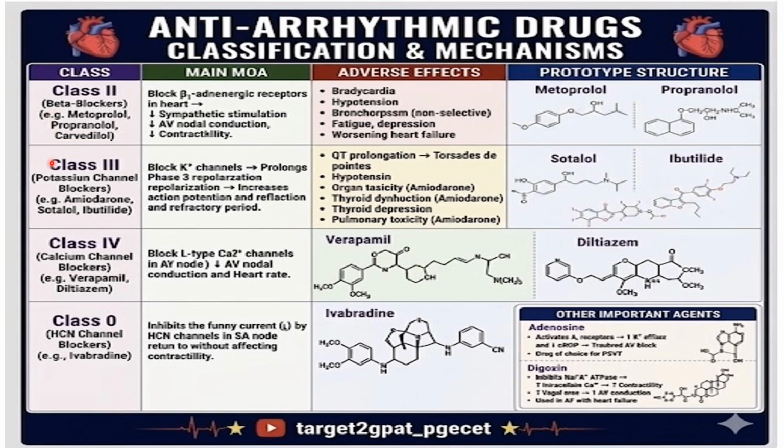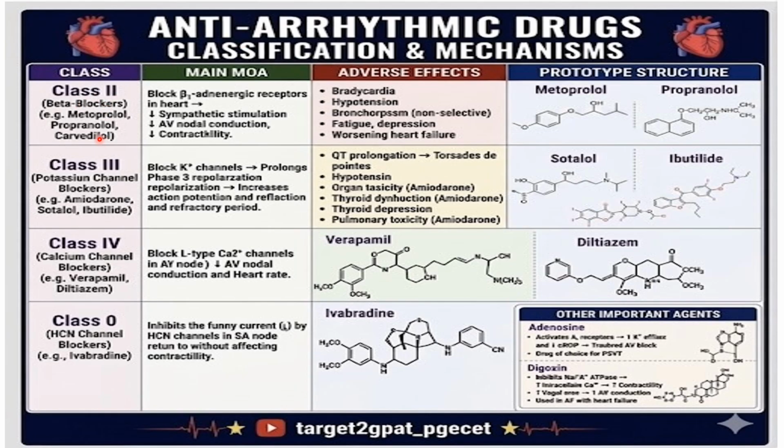For class 2, 3 and 4, here they are BPC, that is beta blockers, potassium channel blockers and calcium channel blockers. If you see more clearly, all three are blockers again. So BPC is for anti-arrhythmic drugs, and N for sodium channel blockers.